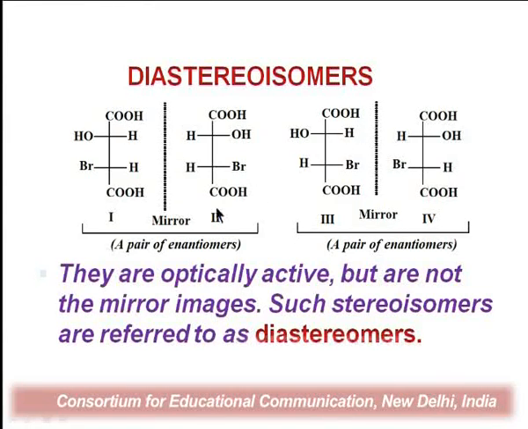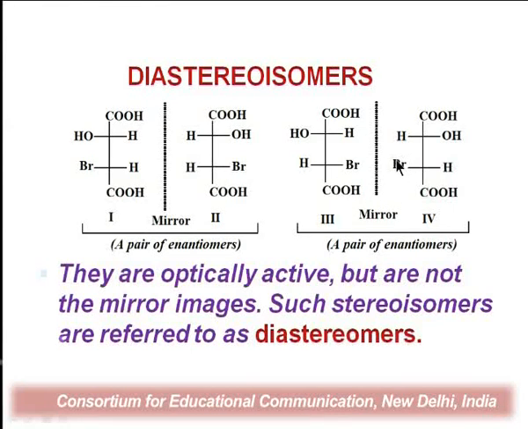So here we are getting 2 pairs of enantiomers. That means the relationship of 1 to 2 is that these are non-superimposable mirror images of each other. Similarly, 3 and 4 are also non-superimposable mirror images of each other.